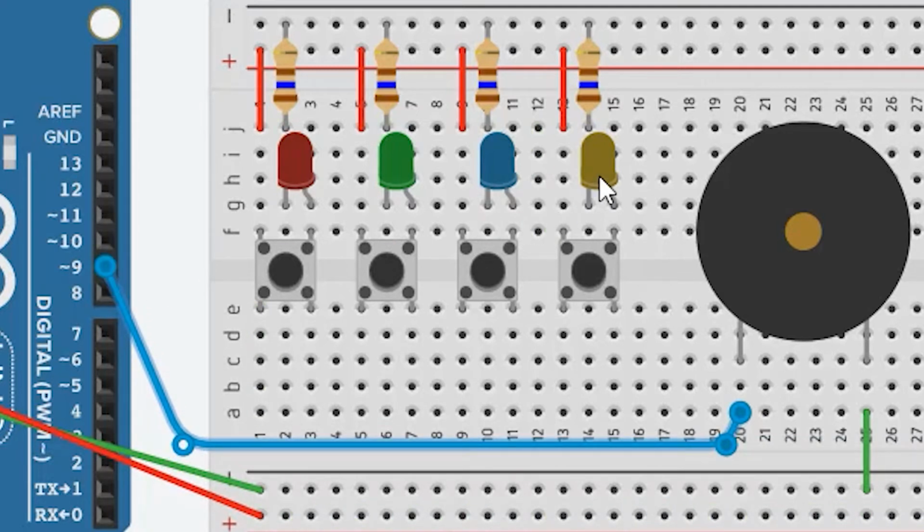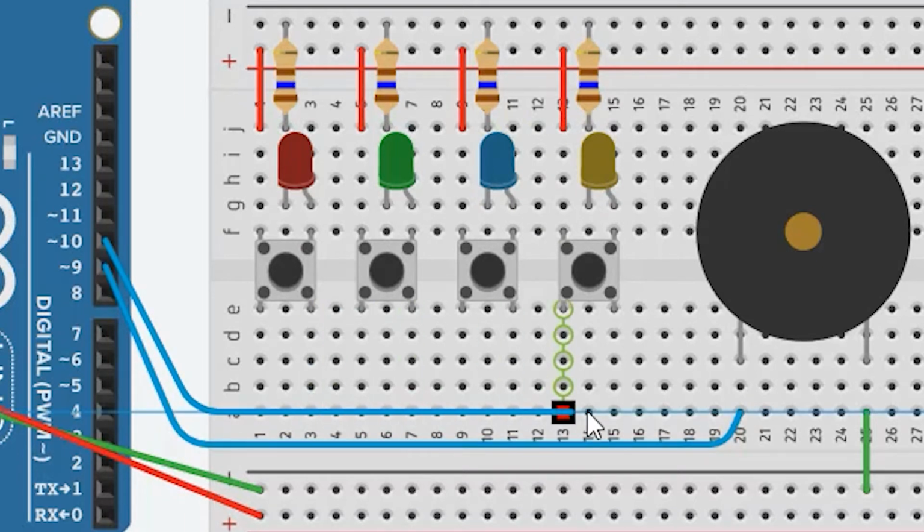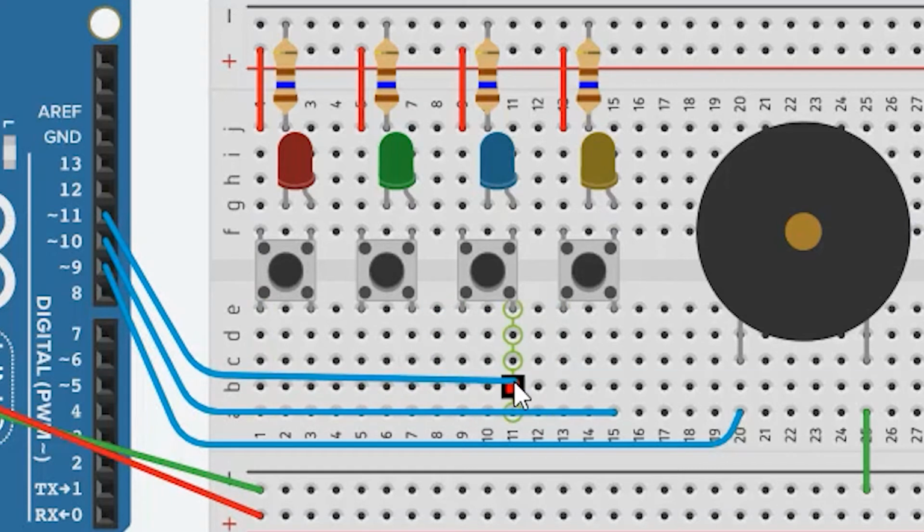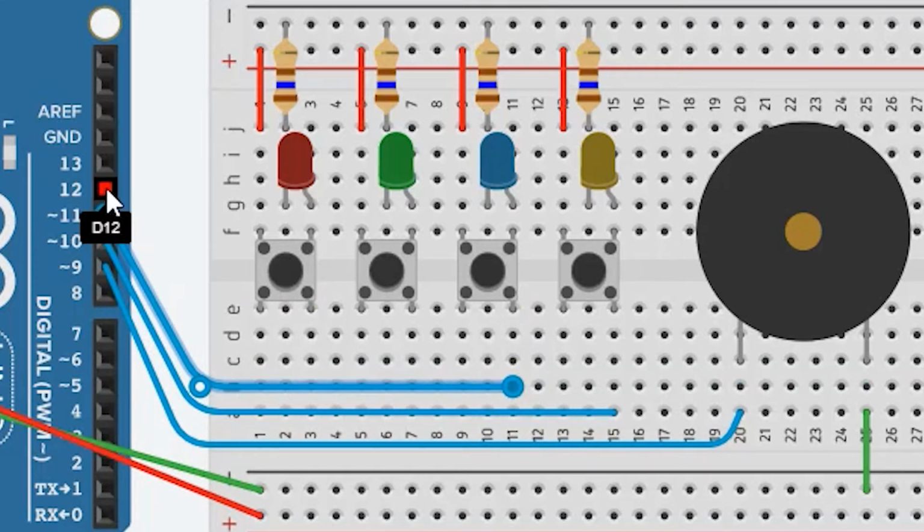Pin 10 is going to connect to our yellow. Trying to keep it as clean as I can. Pin 11 is going to connect to blue. Pin 12 is going to connect to green.